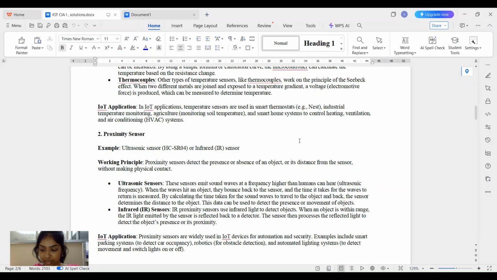What are the characteristics of these sensors? They have high sensitivity, linearity, high resolution, less noise disturbance, and less power consumption, because the sensor itself is very small, so the power consumption is very small as well.